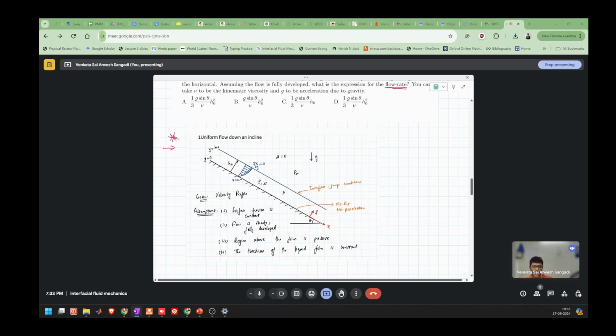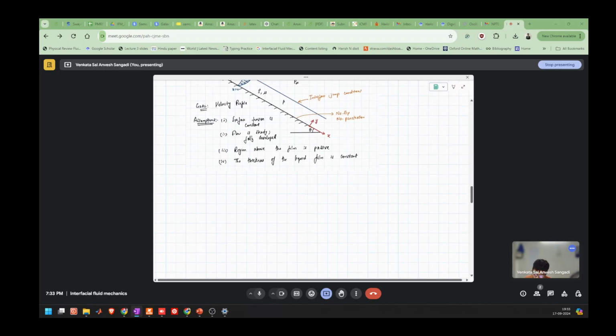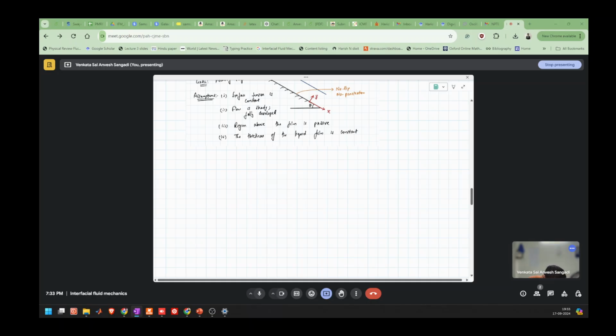In the course, the solution or the velocity profile has been derived for this flow, and we can take the expression of velocity from there, which is u(y) equals g sine theta by nu times h naught y minus y square by 2.